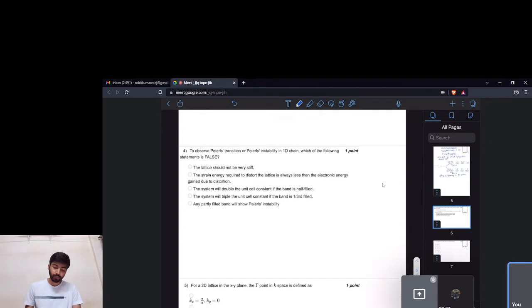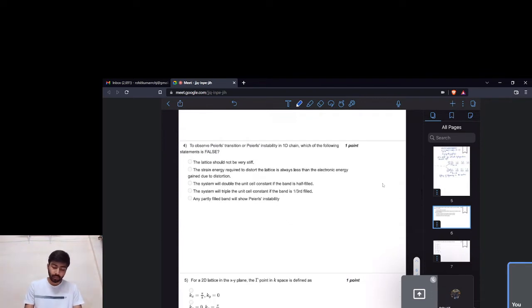Now question number 4 says that to observe Peierls transition or Peierls instability in a one-dimensional chain, which of the following statements is false? Now to observe Peierls instability, as I said, there is a pairing in the system. So for that pairing to be constant, the lattice should be rigid.